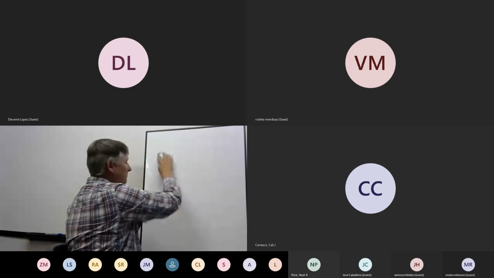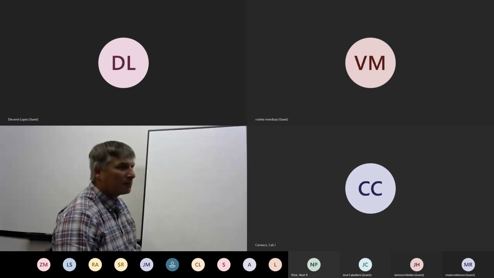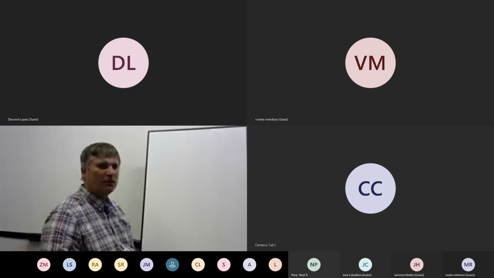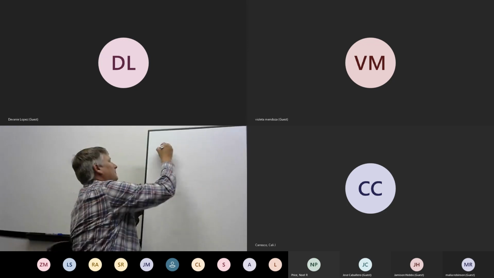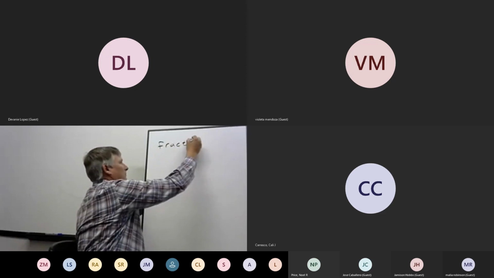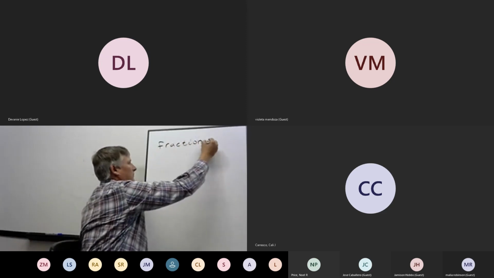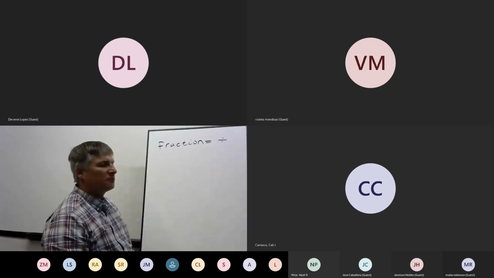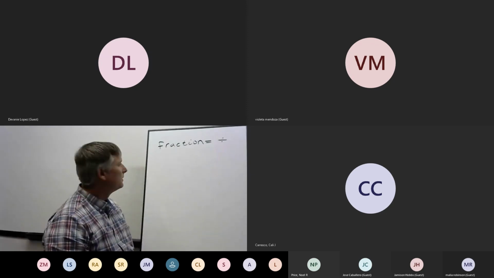Now, it may have been a while since I mentioned this, but remember this. A fraction is division. A fraction is the same thing as division.